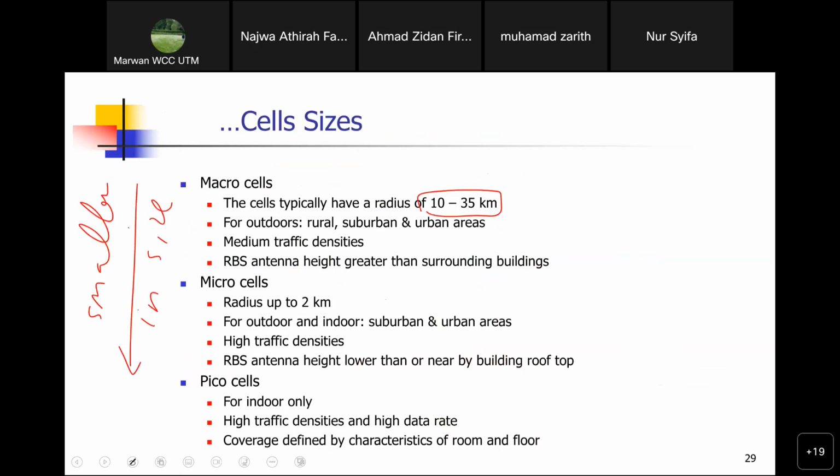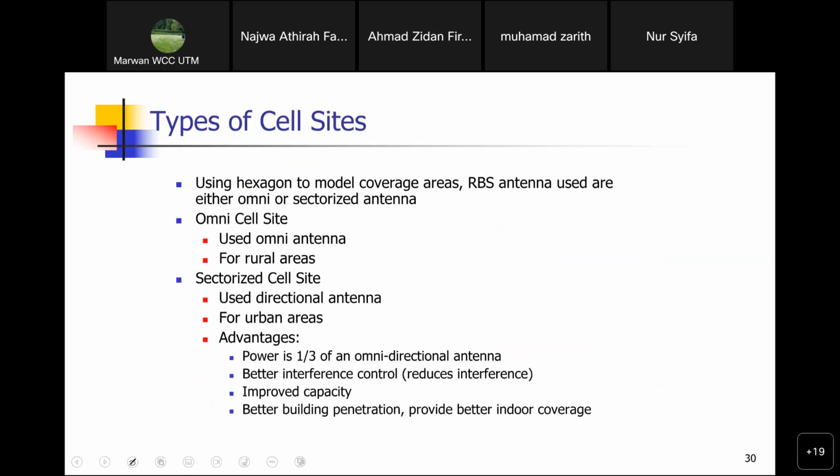So there are a few types of cell. The one that we've been using before is the omnidirectional cell, meaning that one cell covers 360 degrees. Now let's look at the sectorized cell. Let's say we divide into 3 sectors.